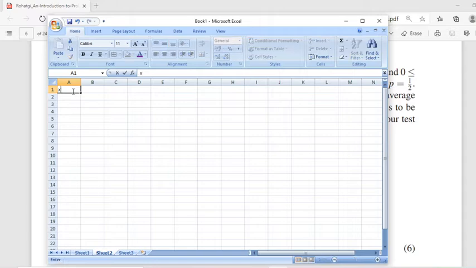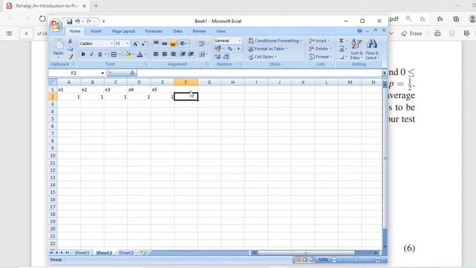Let it be x1, x2, x3, x4, x5. So suppose we obtain 1, 1, 1, 1, 1.